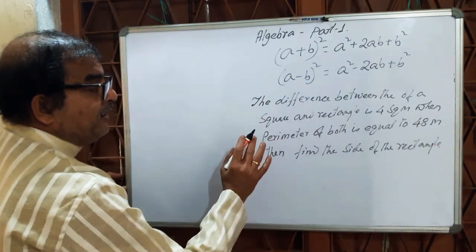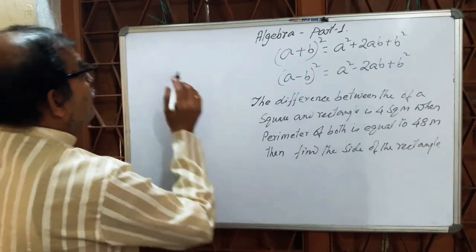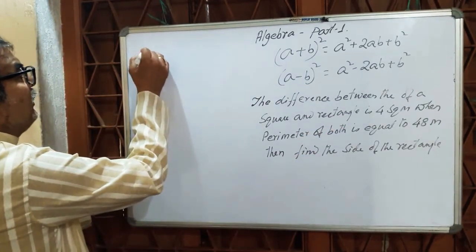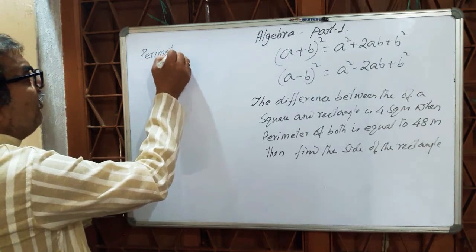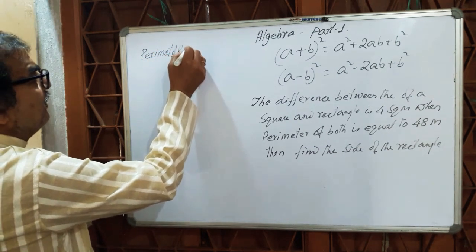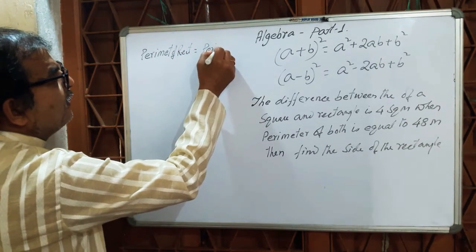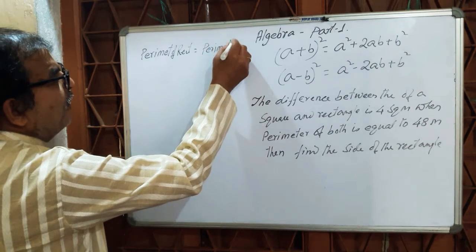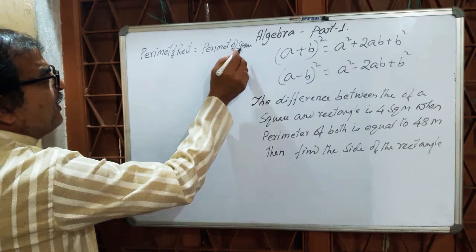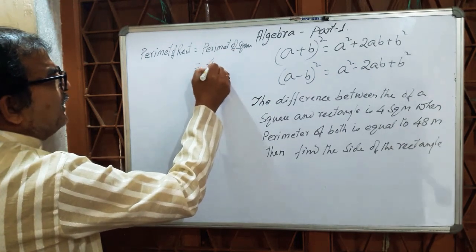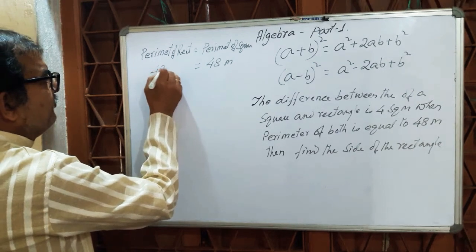Simply, what is given here? First, the perimeter of both is equal. That means the perimeter of the rectangle equals the perimeter of the square, which is 48 meter.